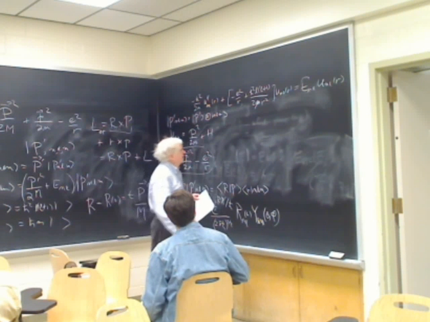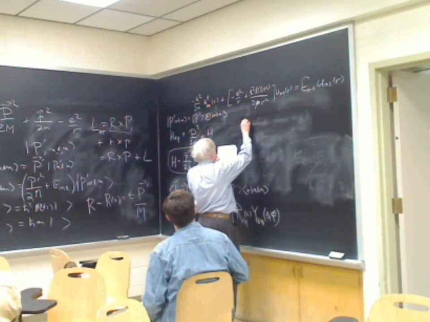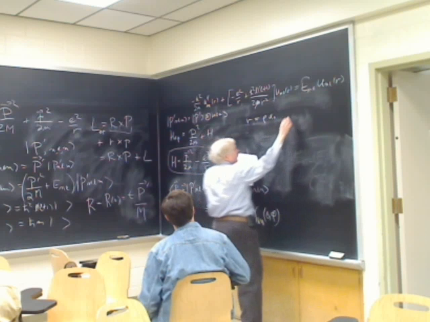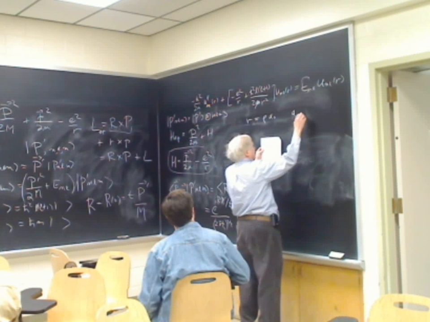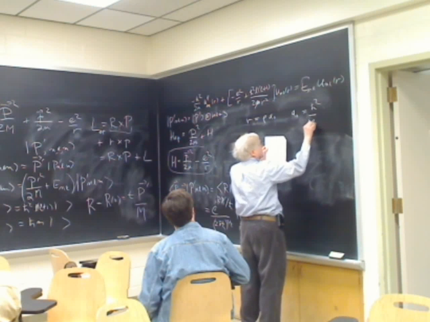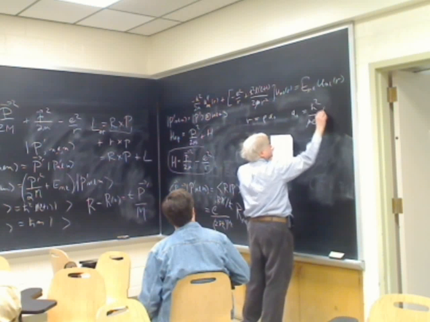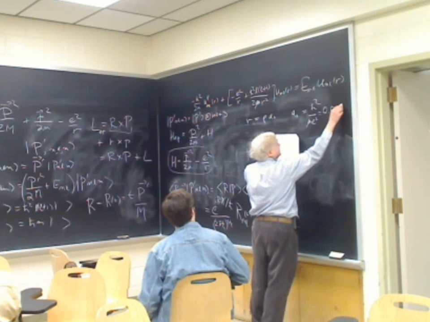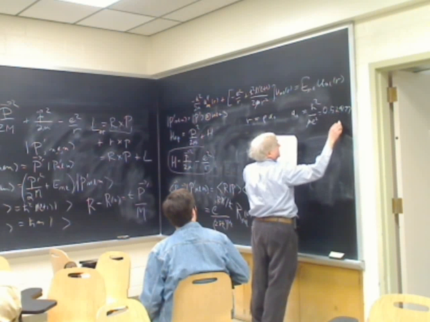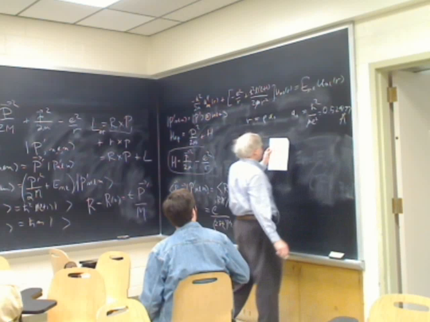We're going to change variables to r equals rho times a0, where a0 is the Bohr radius, which is h bar squared over mu e squared, which is 0.529177 angstroms.